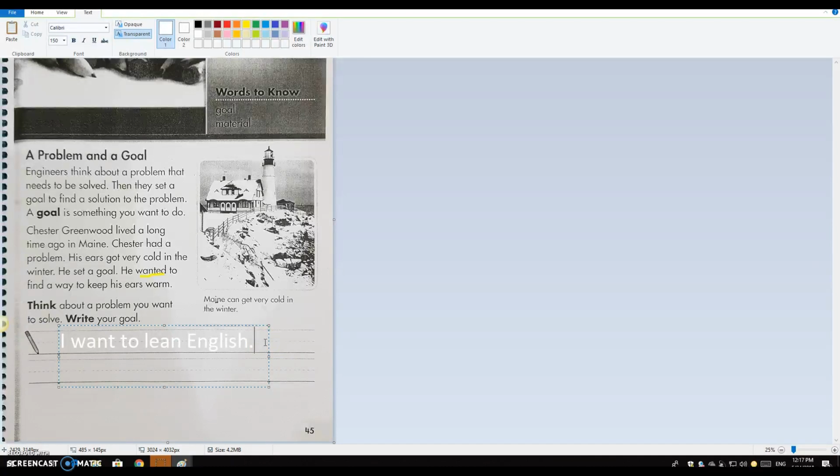And furthermore, in class, I said, how will you use technology to achieve your goal? Achieve your goal. When you achieve your goal, it means you got what you wanted. So if your goal is, I want to learn English, you've achieved your goal after you have learned English.